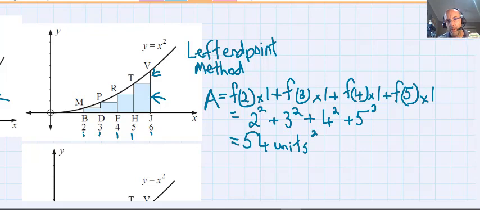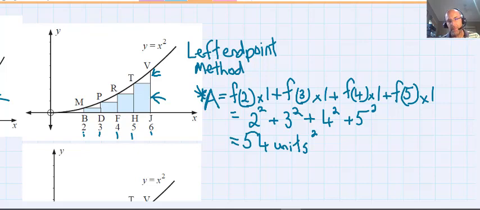Okay, looking closely at the diagram, I need to start looking at an alternate notation. So let's call this A asterisk. The asterisk on the left-hand side means left endpoint method estimate.